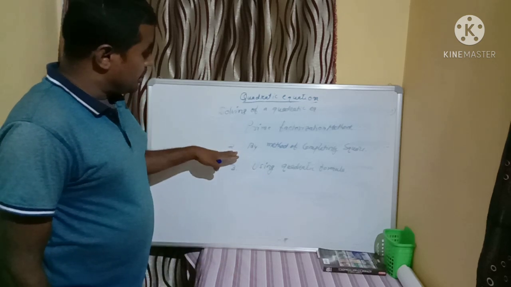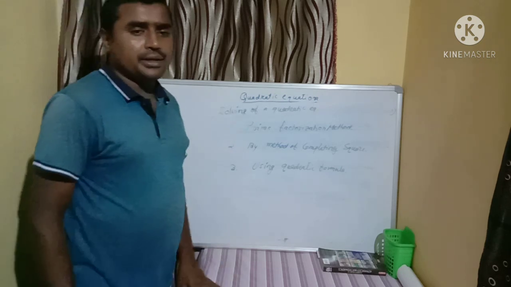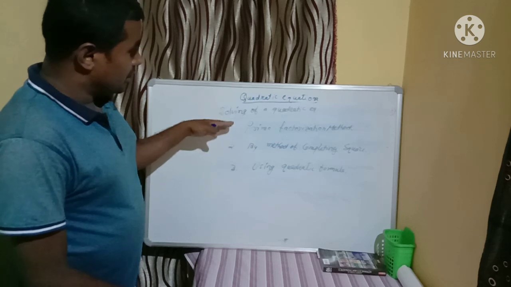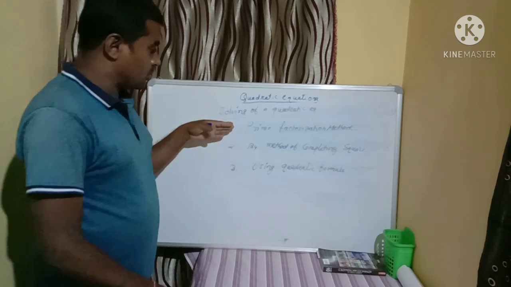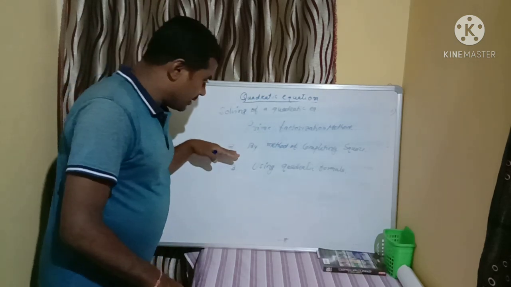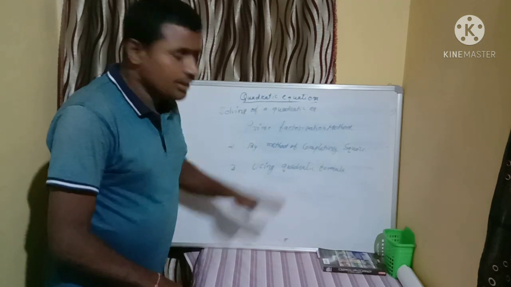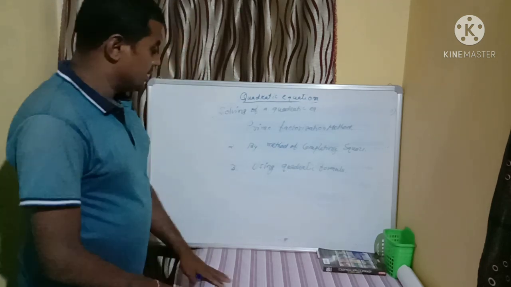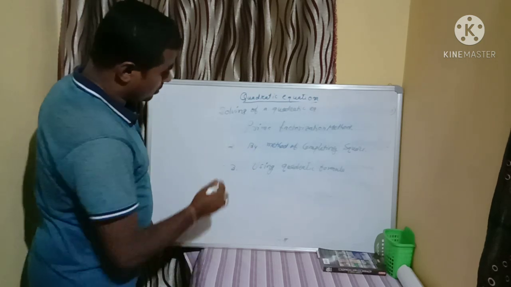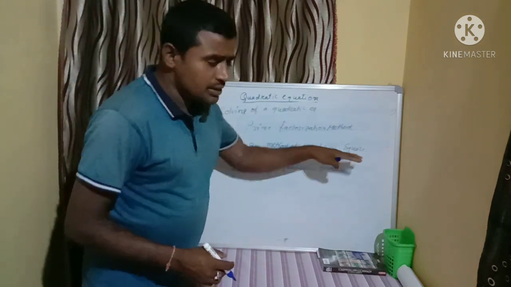So these three are the main methods of solving a quadratic equation. And I will definitely go one by one, how we solve a quadratic equation using prime factorization method, by method of completing square, and by using quadratic formula. First I want to discuss the second method, by method of completing square.